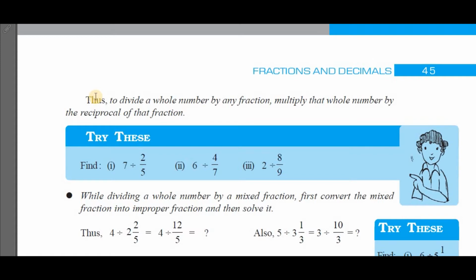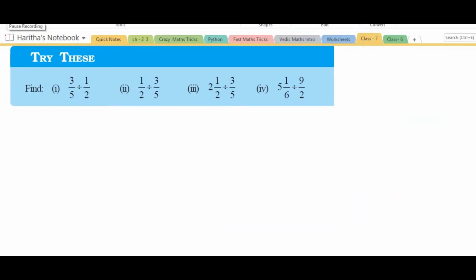So students, all of you open your notebooks. Let us start solving the exercise problems. What is the question given to us? 3 by 5 divided by 1 by 2. We'll try to solve this first.